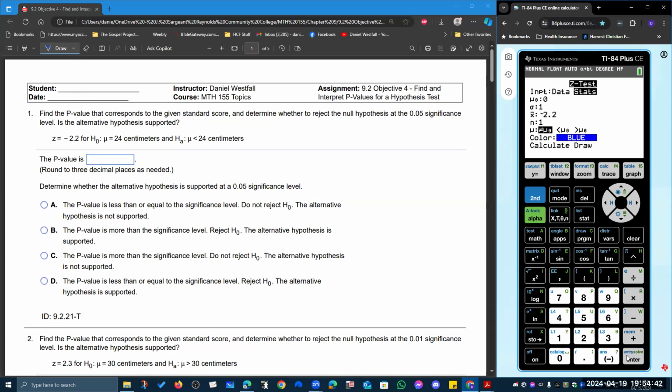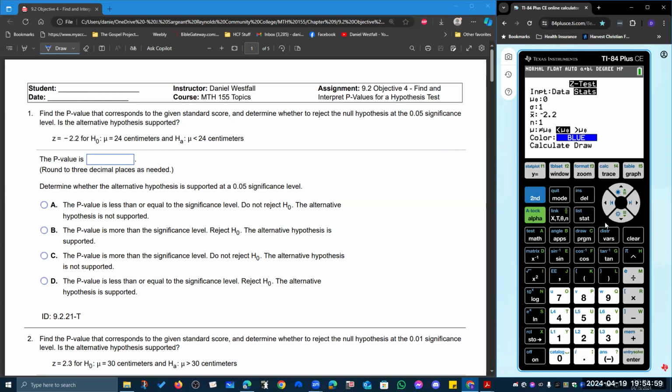We don't need an n in our calculation, so we'll just put that as 1. We have an equal to situation for H naught, and they tell us HA is a less than situation.